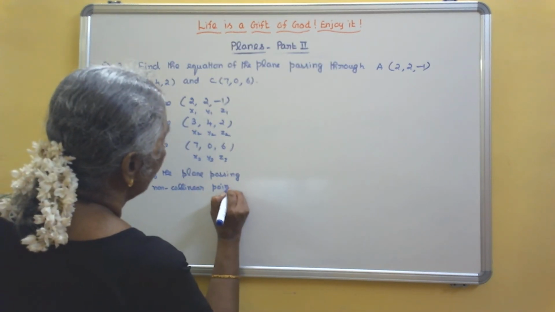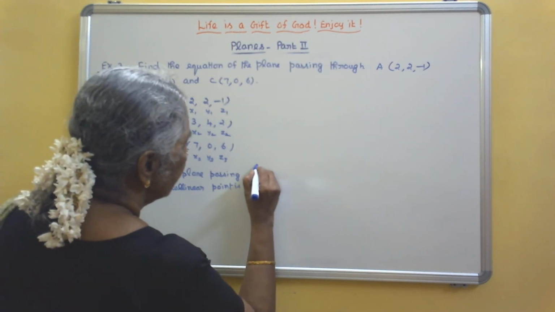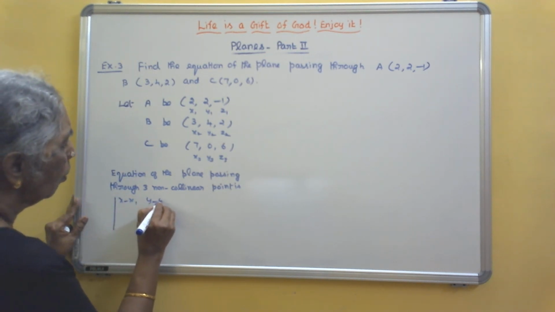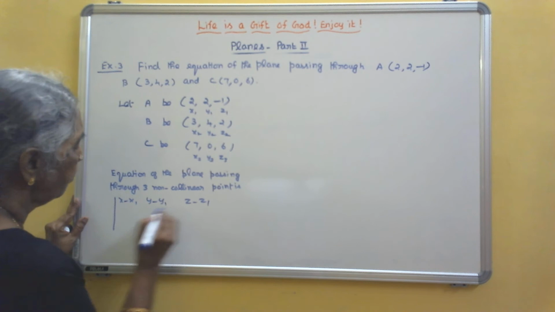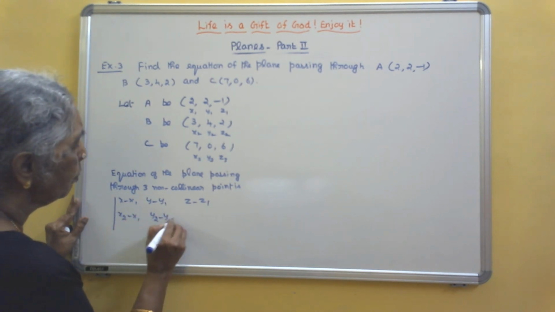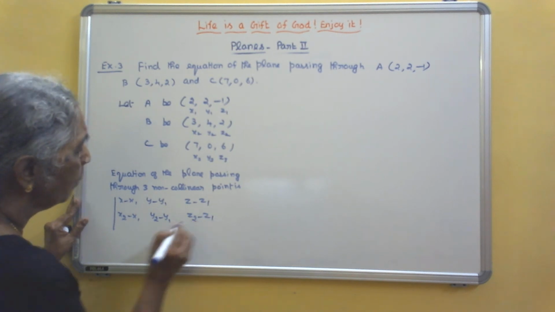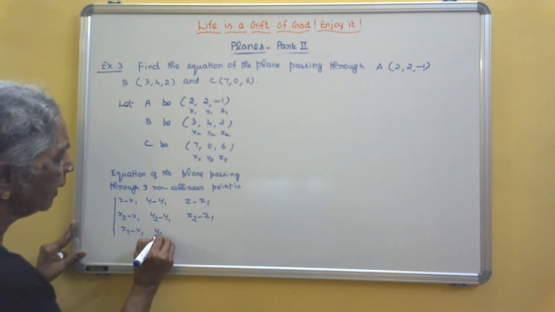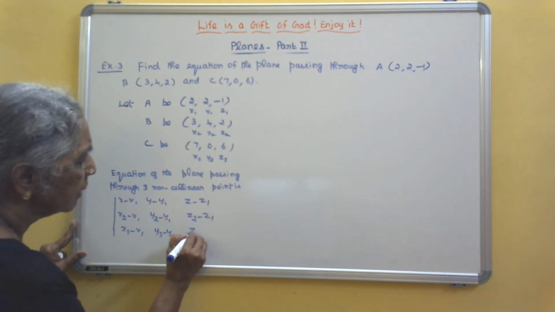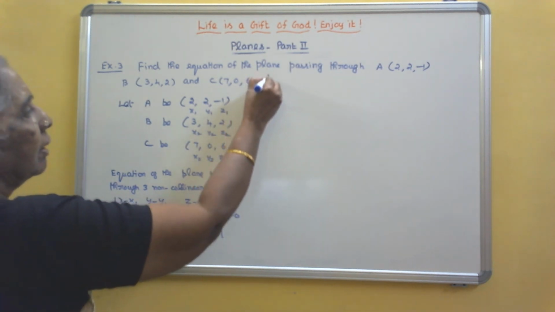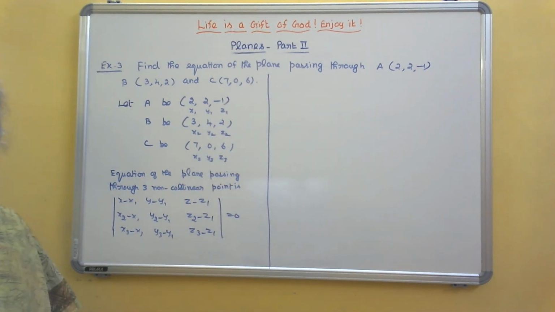Non-collinear points is, you write the determinant, x minus x1, y minus y1, z minus z1, x2 minus x1, y2 minus y1, z2 minus z1, x3 minus x1, y3 minus y1, z3 minus z1 is equal to 0. That's all. We are going to now substitute, right?